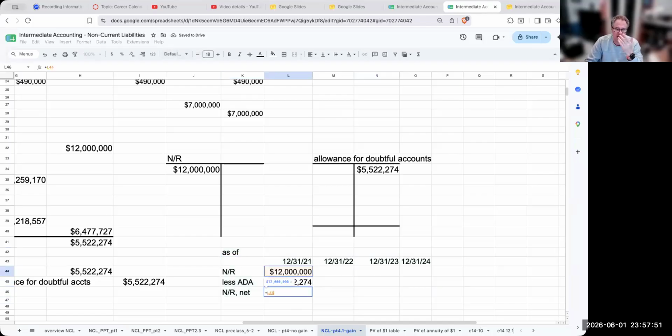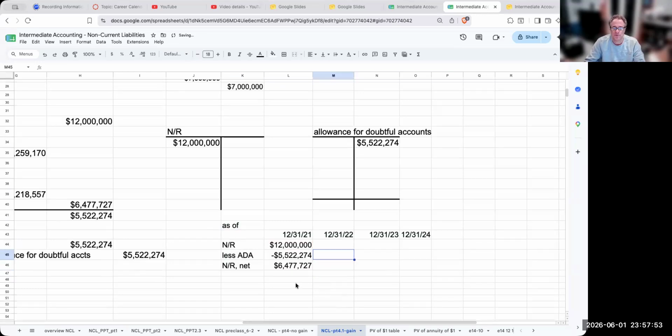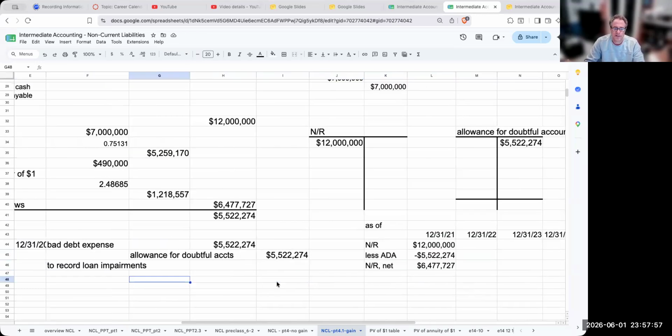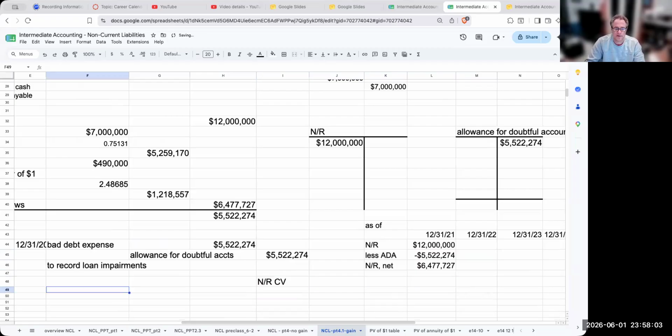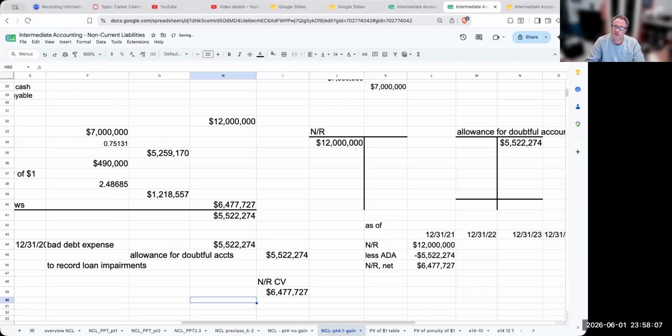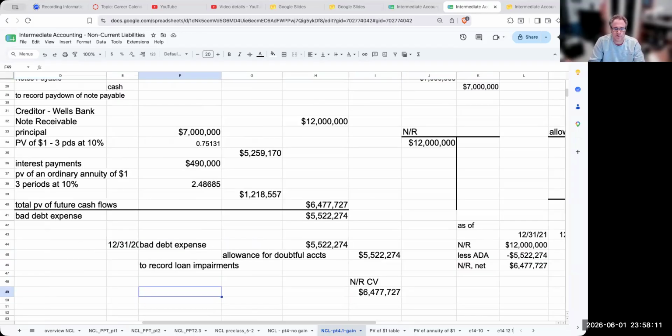So my note receivable net as of right now is 6,477,727. So over here, I've got my note receivable carrying value of 6,477,727.